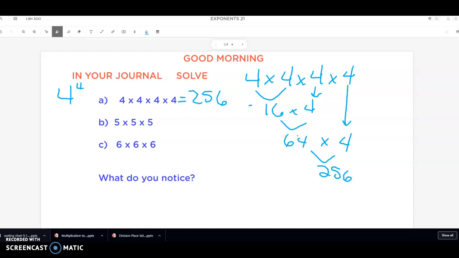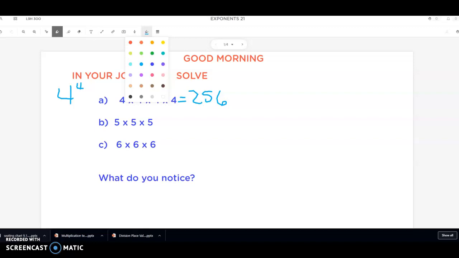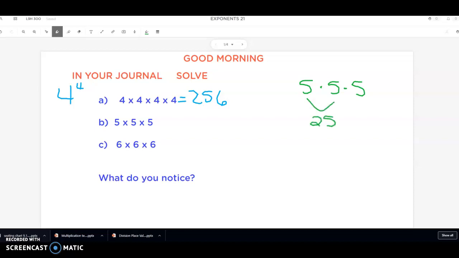All right. So let's do the same thing with the 5s. I've got 3 5s. I'm going to use a dot. 5 times 5 times 5. What is 5 times 5? 25. 5 times 5 is 25.